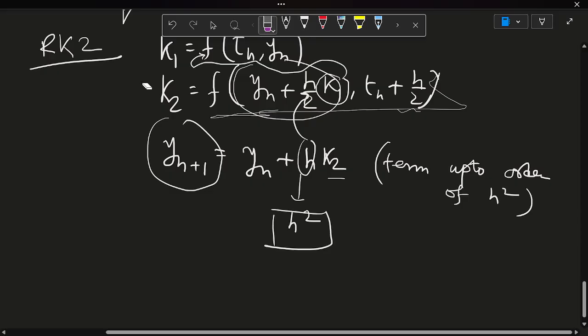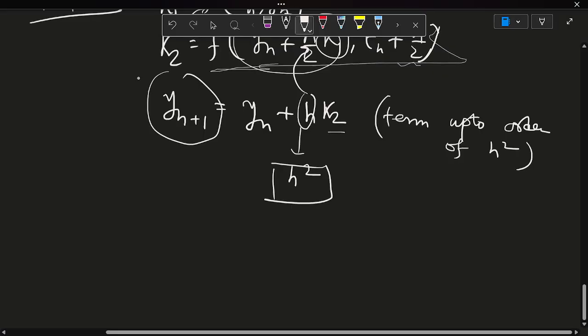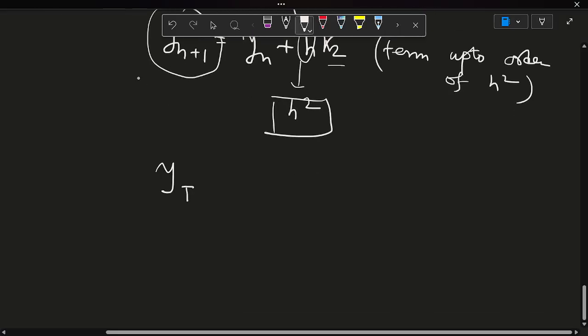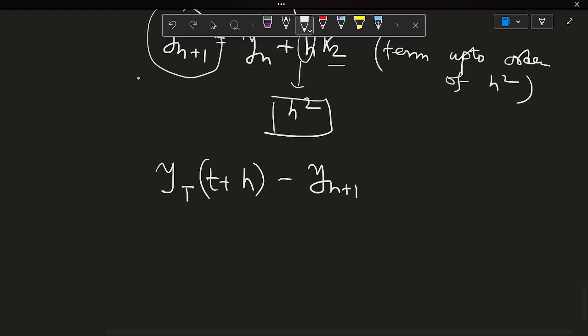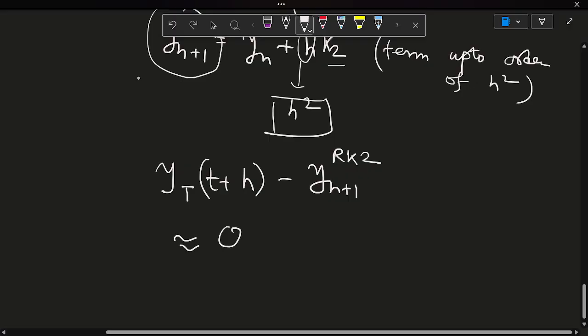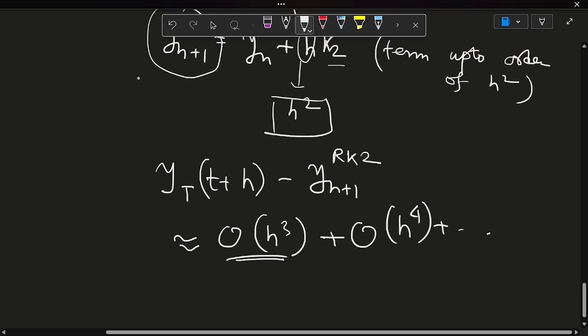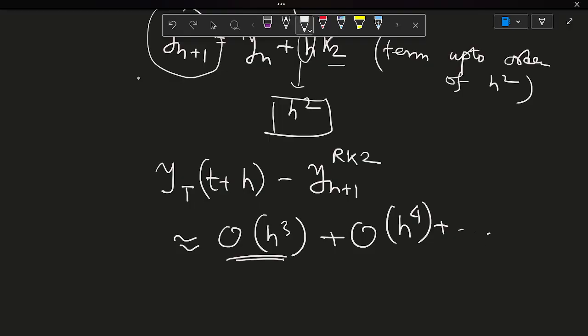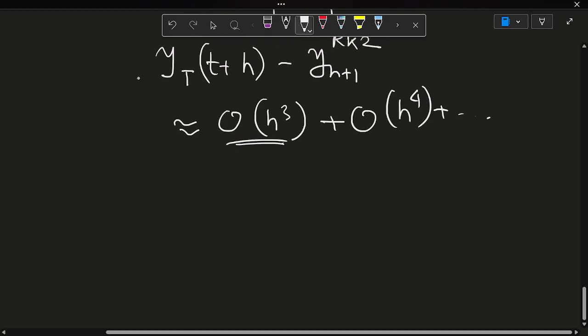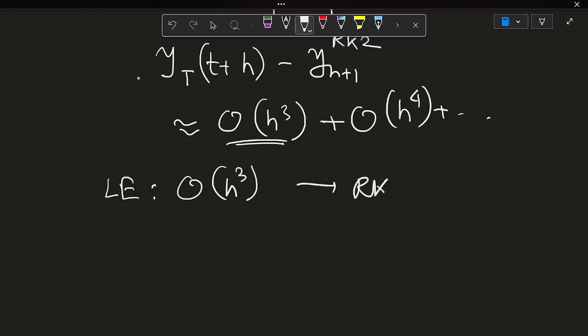Now if I again look at the difference between the true value y(t+h) and y_{n+1} from the RK2 method, we will see that this is equal to order of h cube as the lowest order term, then order of h to the power 4 and so on. So the local error, or the error in each time step, is order of h cube for RK2.